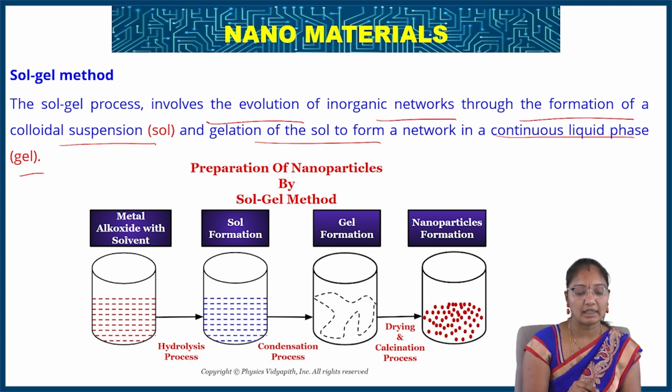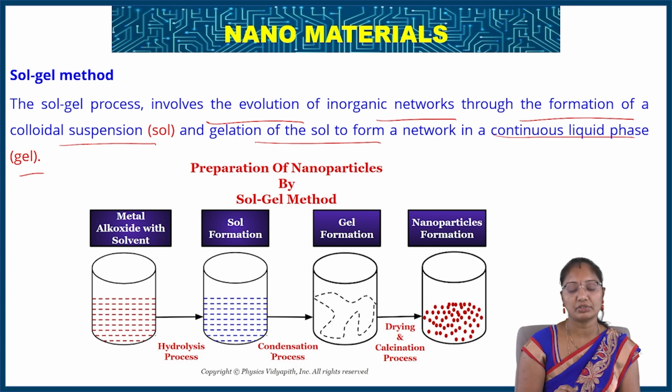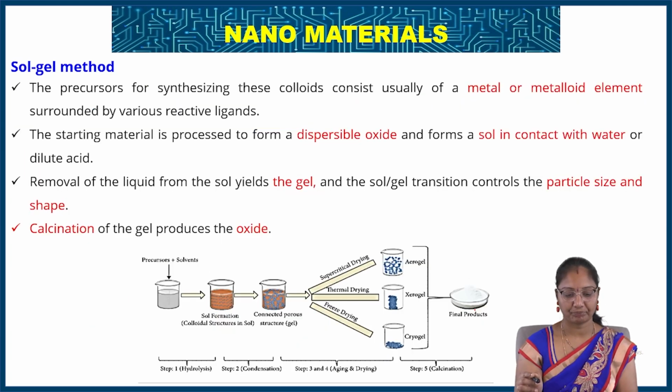One is metal alkoxide with solvent, then the sol formation, then gel formation, and finally the nanoparticle formation. So to get the sol, we have to go through the hydrolysis process, then the condensation process, and the drying and calcination process occurs from this metal alkoxide solvent to nanoparticle formation.